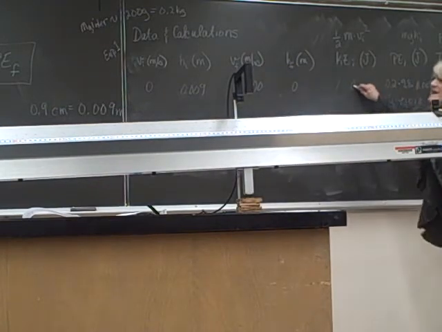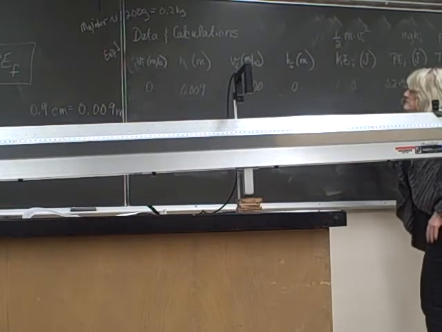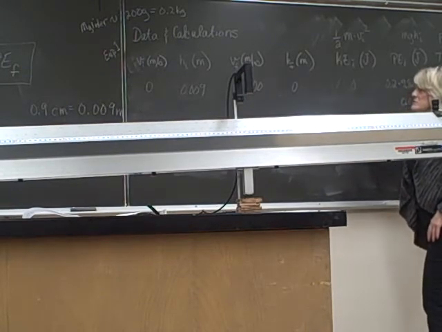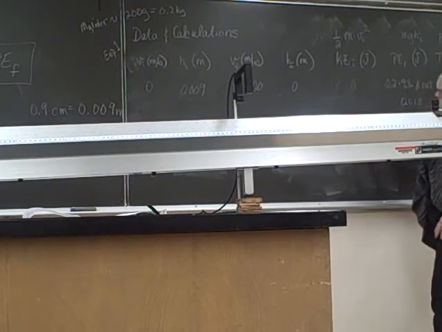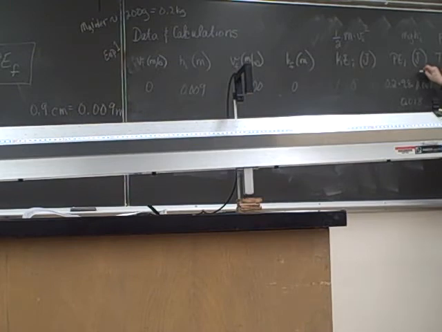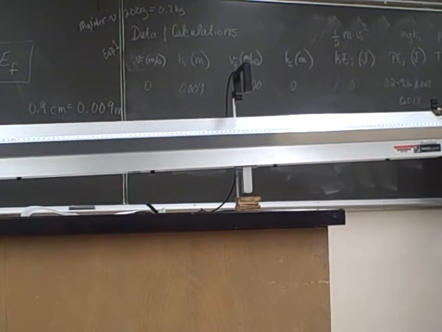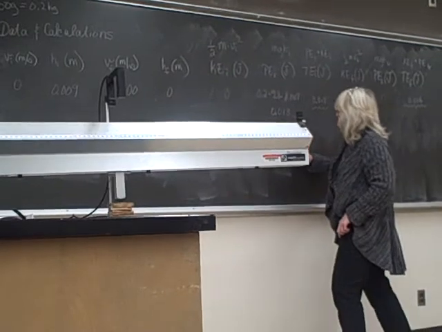So now your kinetic energy is not 0. It's going to be 1/2 times 0.2 times 0.5 or whatever it is squared. And your potential energy initial is going to be 0.2 times 9.8 times 0.036.